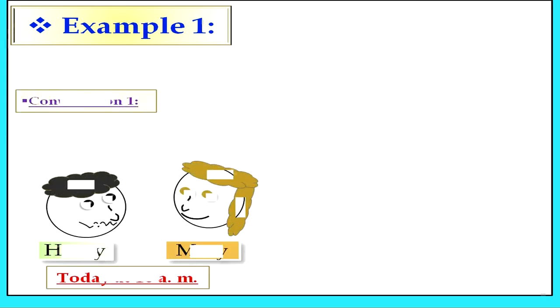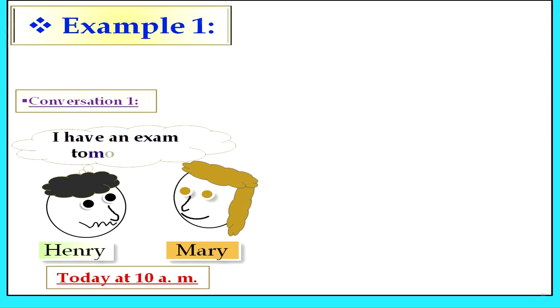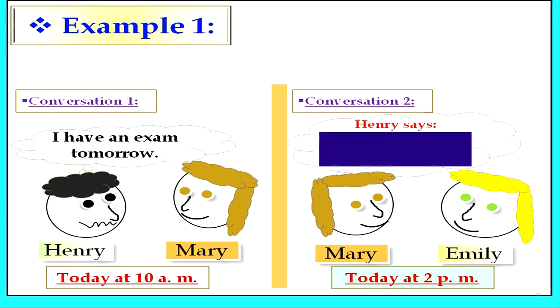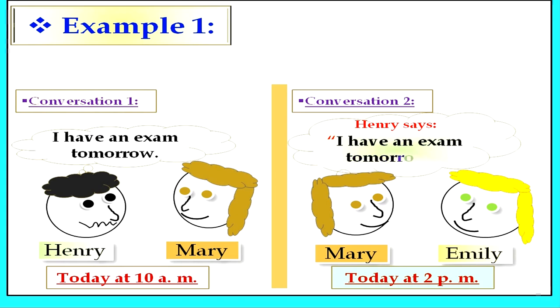Now let's see these definitions in practice. We're going to deal with the first example. Here we have 2 conversations. The first conversation is between Henry and Mary. During the conversation, Henry says, "I have an exam tomorrow." The second conversation is between Mary and Emily. Mary talks to Emily about her conversation with Henry, and she says, Henry says, "I have an exam tomorrow."